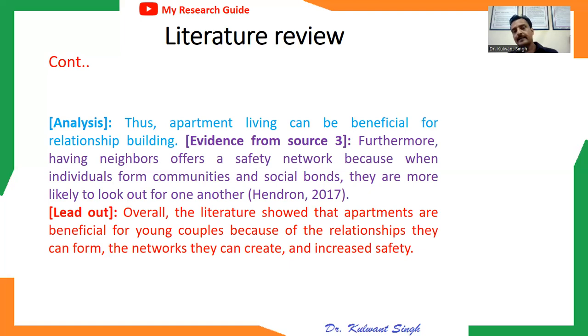And next is the lead out, meaning the conclusion. So overall, the literature showed that apartments are beneficial for young couples because of the relationships they can form, the network they can create, and increased safety. So this is one paragraph from the literature review chapter.